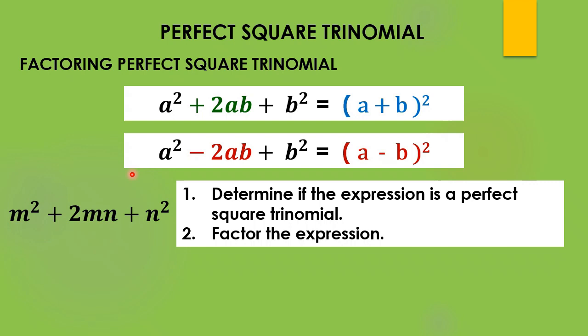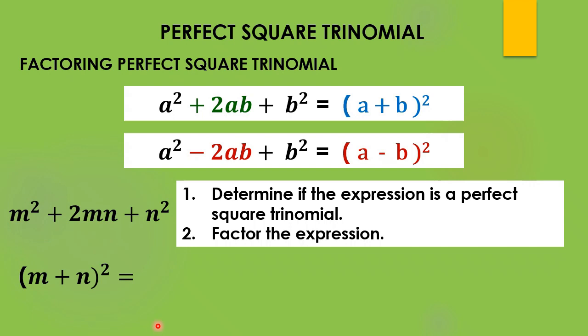Following the pattern in factoring the perfect square trinomial, as you can see, the middle term is positive. So if it is positive, then we must follow this pattern of factor. The factor is the square of the sum of a and b. So what would be the factor? It is the square of m plus n.